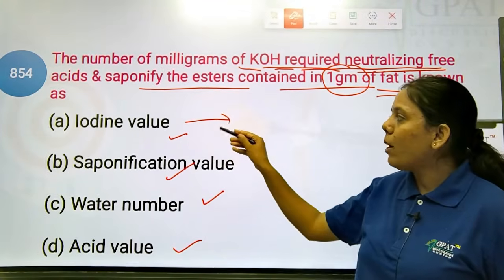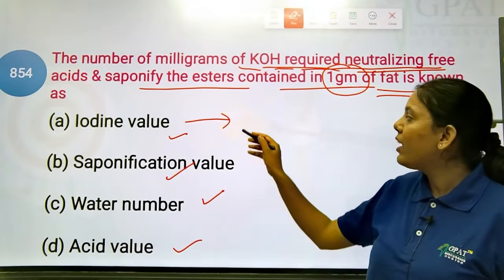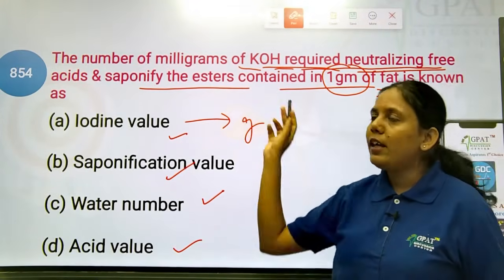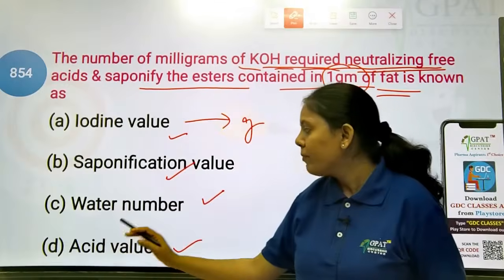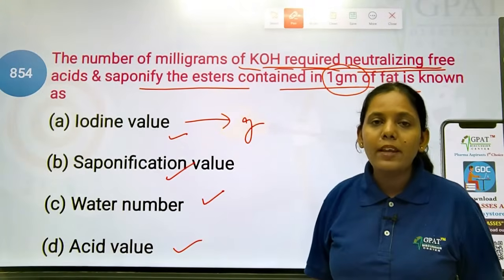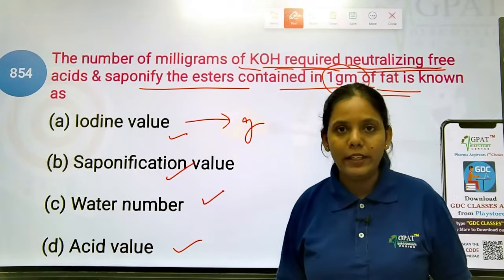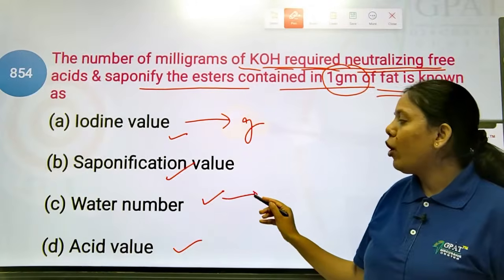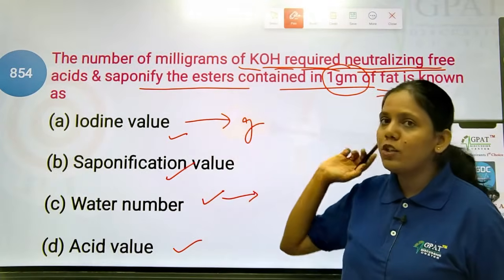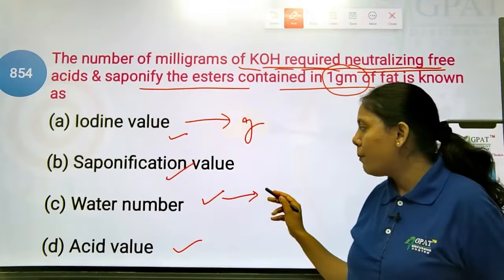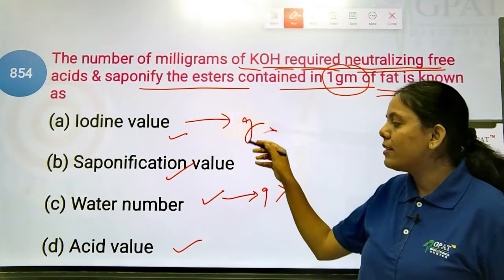Remember, when we talk about iodine, the number of grams of iodine is there, but in the question it is not mentioned. When we talk about water number, that is the water that can be incorporated into 100 gram of fat, but here it is not mentioned about the grams of water, so this is not the answer.